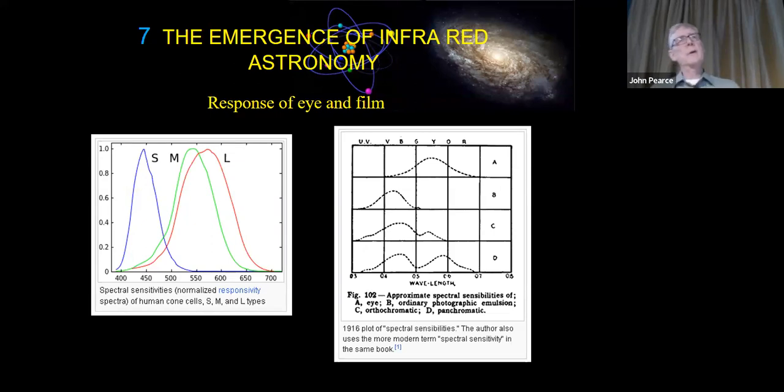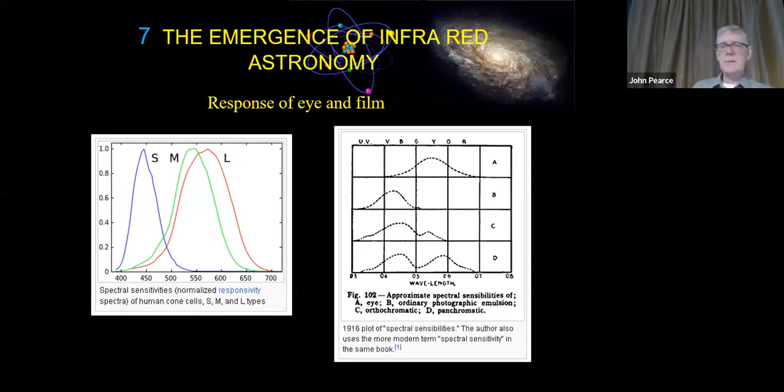If you give a very long exposure, a very faint image will gradually build up. The eye doesn't do that. And so the idea of concentrating an image for a long period of time to gather more detail is something that you could only do with photographic film and other forms of light detector.